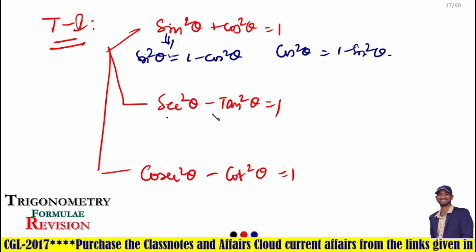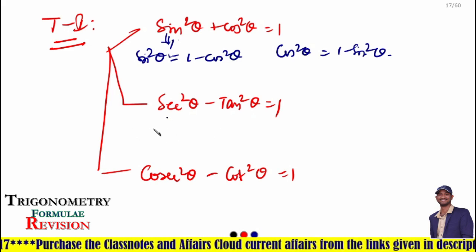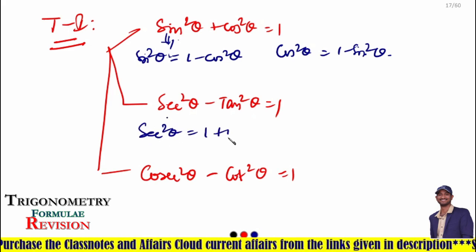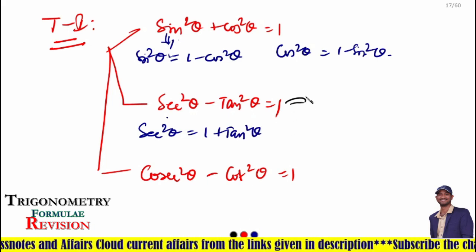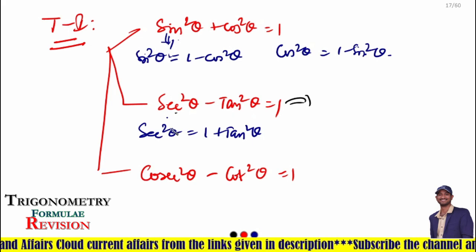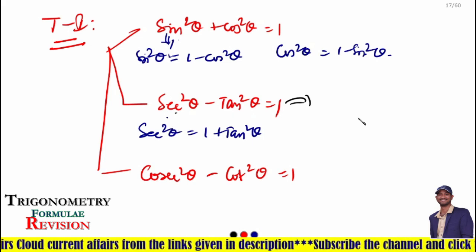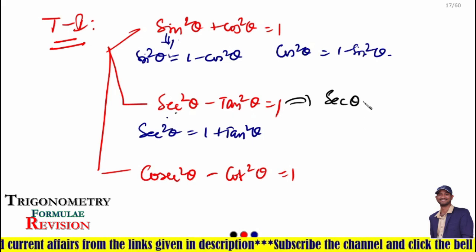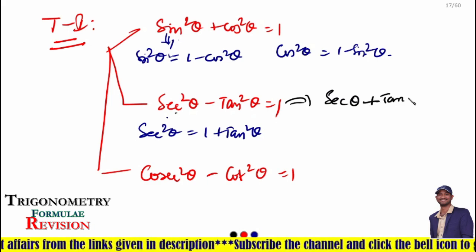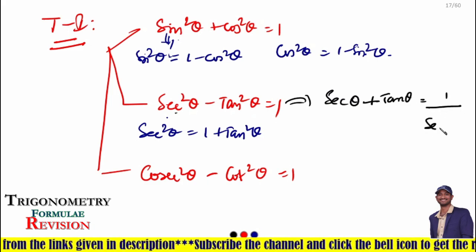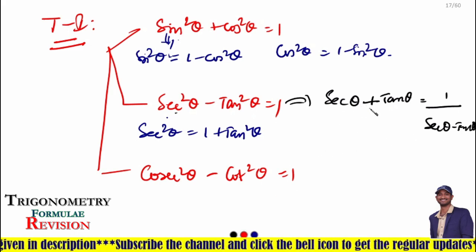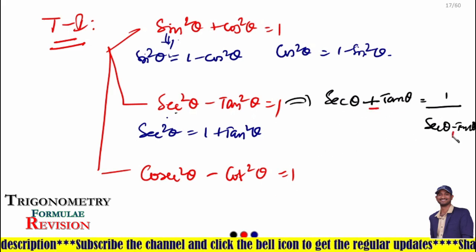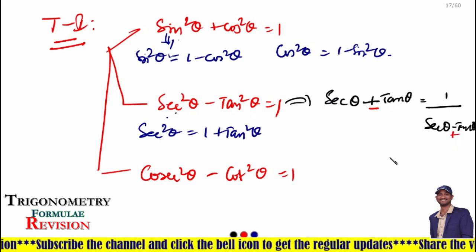Similarly, secant square theta minus tan square theta is 1, meaning secant square theta equals 1 plus tan square theta. And one more thing I can write from here. It is in the form of a square minus b square, so a plus b into a minus b. So secant theta plus tan theta is equal to 1 by secant theta minus tan theta. Similarly, secant theta minus tan theta equals 1 by secant theta plus tan theta.